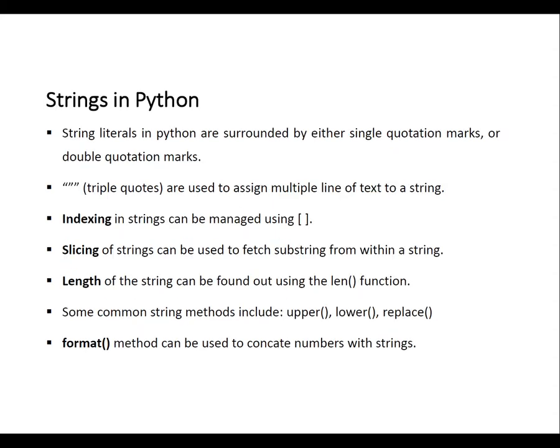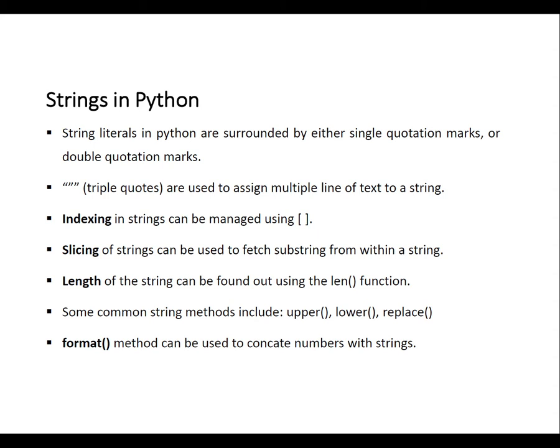In the last session we had studied strings in Python: how we can store strings, how we can manage indexing, how we can fetch part of the string using the slicing technique, and some of the functions related to the string, like length, upper, lower, replace, find, and finally the format method, which can be used for a placeholder or a variable. Yes, one of its uses is also to concatenate numbers with strings.